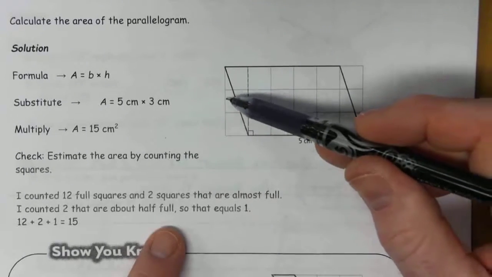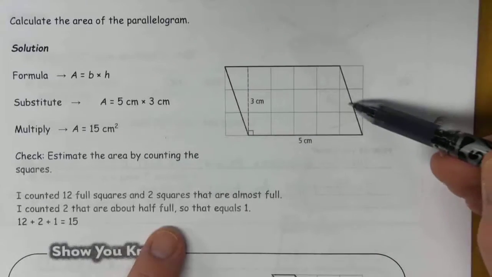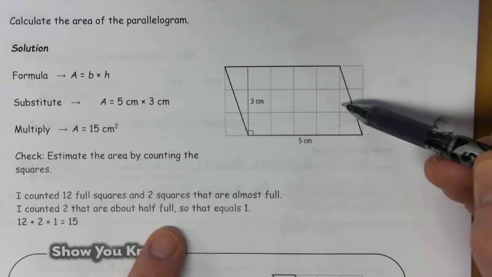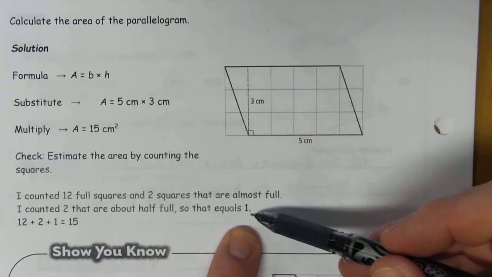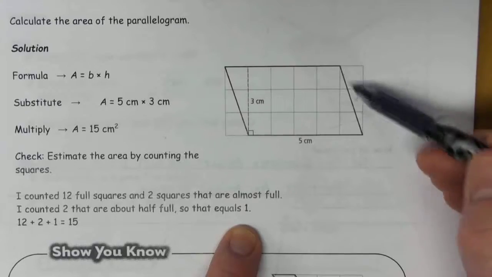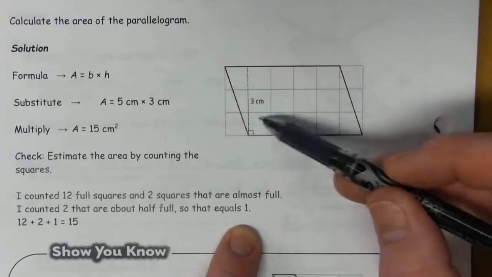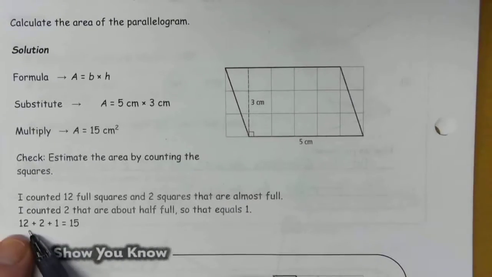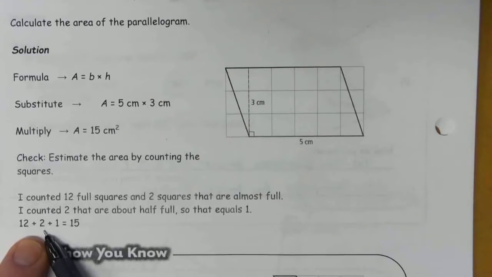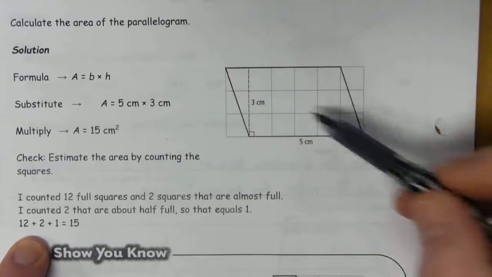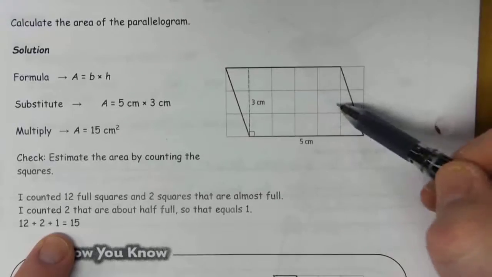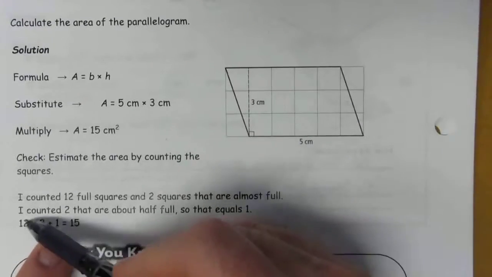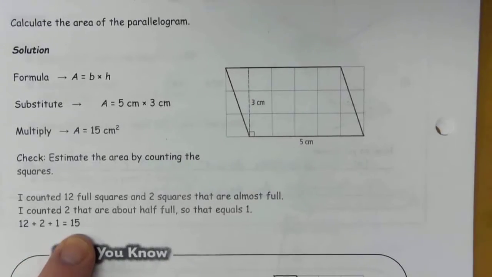I got 2 that look like they're pretty close to half right here. So 2 halves make a whole. And then there's just a tiny bit left over here on these 2 little pieces. So 12 full ones plus 2 that are almost full, plus the 1 that these 2 halves make up. If you add that up, that actually does equal 15.